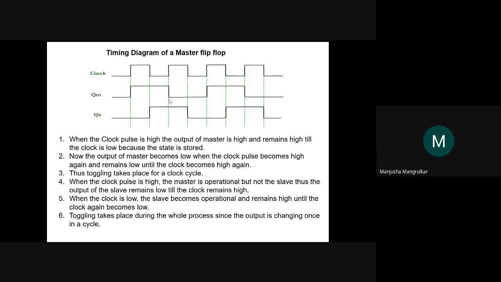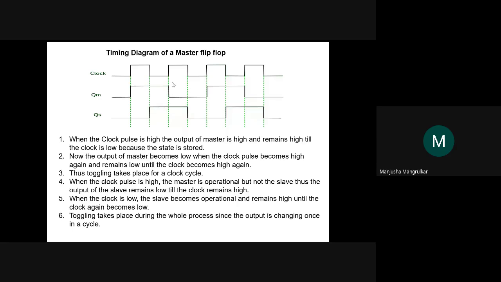The state is stored there, so QM will be high. Thus the toggle takes place in the clock cycle. When the clock pulse is high, the master operates but not the slave. Thus, the output of the slave remains low as long as the clock remains high.